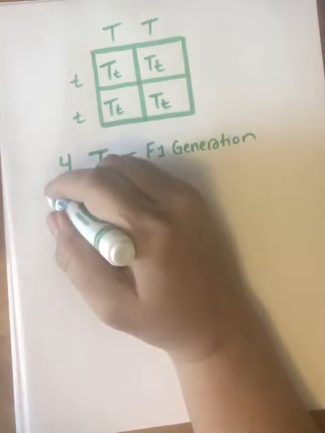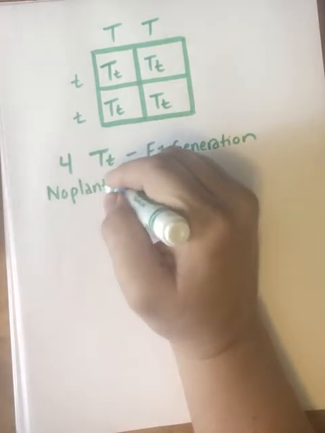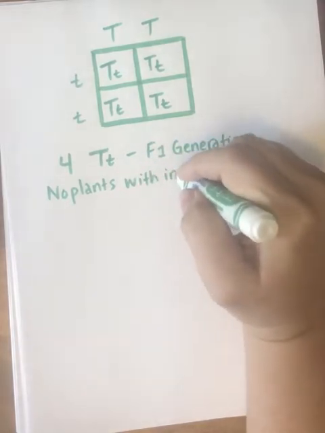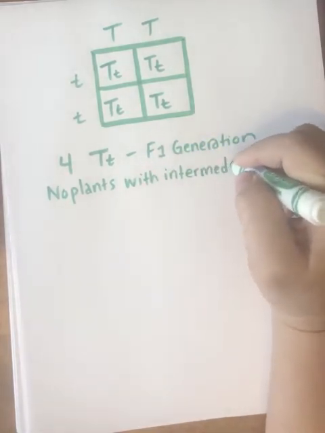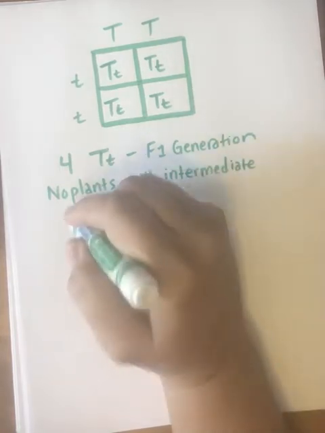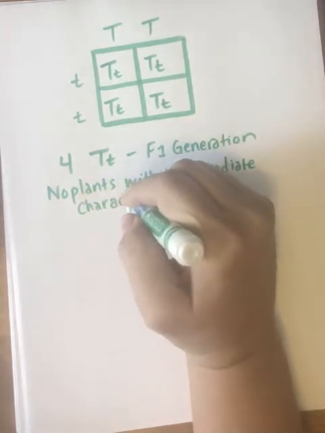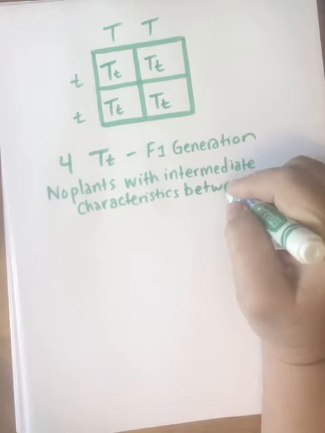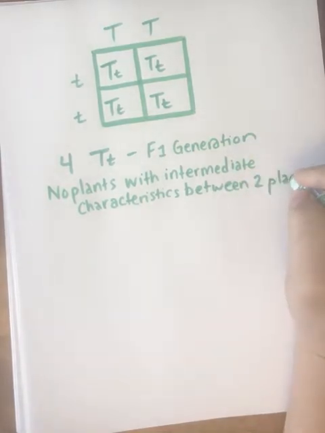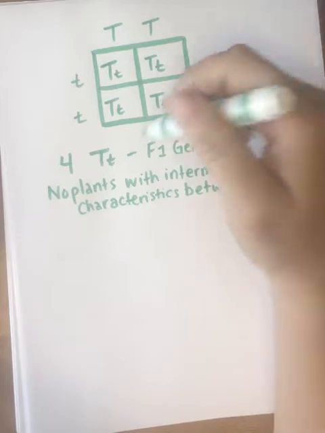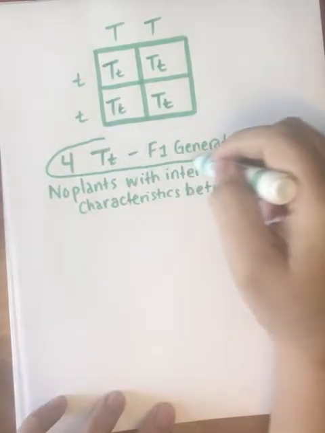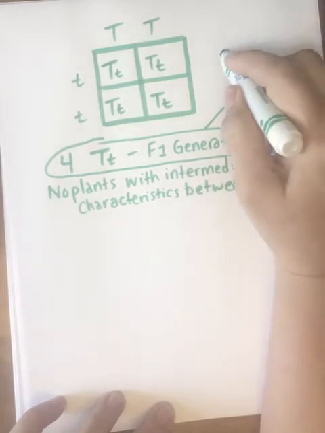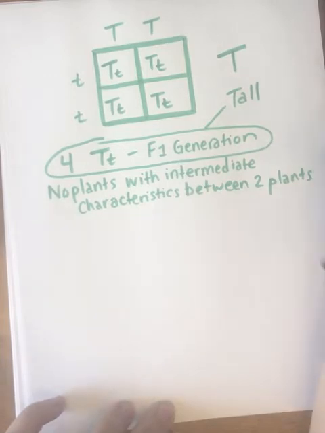So there were no plants with intermediate characteristics between the 2 plants. So what happened, this is simple dominance, all 4 of the F1 generation were considered to be tall because the big T is dominant to the little t.